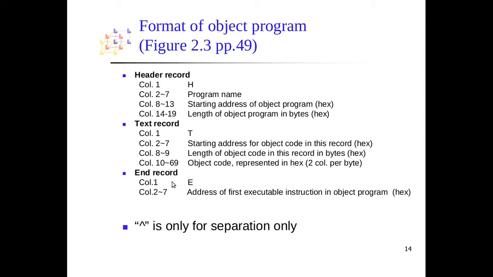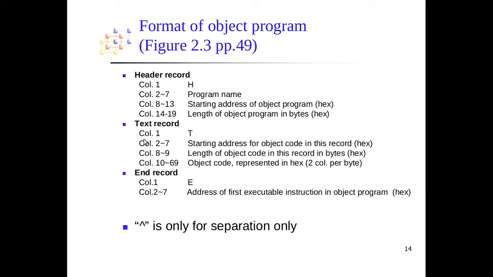Then the end record: column 1 contains the letter E, and columns 2 to 7 give the address of the first executable instruction in the object program. This is about the format of the different records in an assembler.